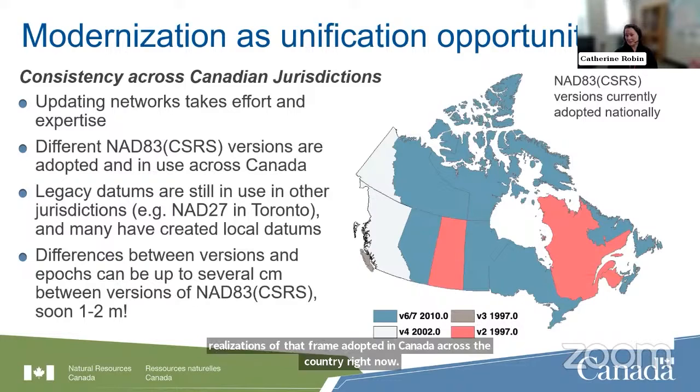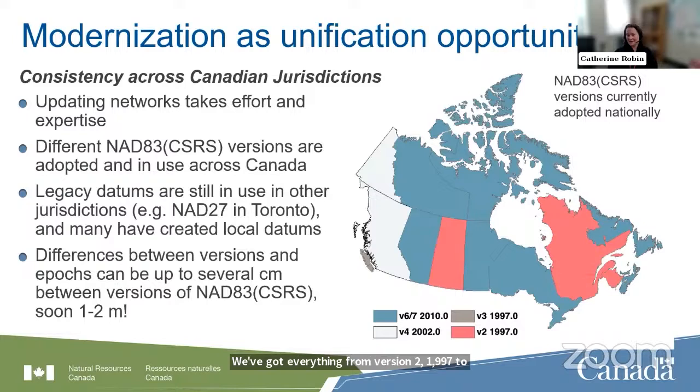We've got everything from version 2, 1997 to version 7, 2010. And the differences between these versions are on the order of a decimeter or more. But when we have some of these groups moving to NATREF, the differences are going to be much greater, on the order of 1 to 2 meters, and we're going to see that a little bit later.